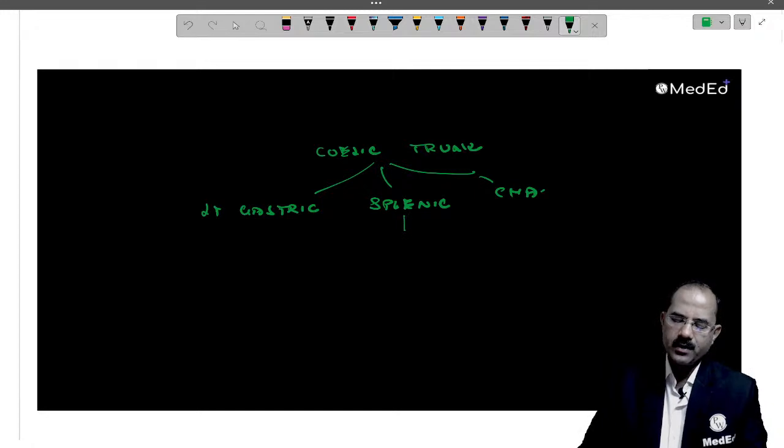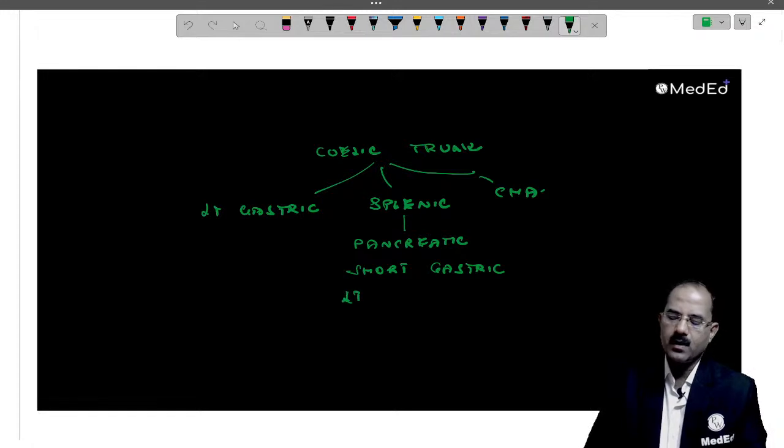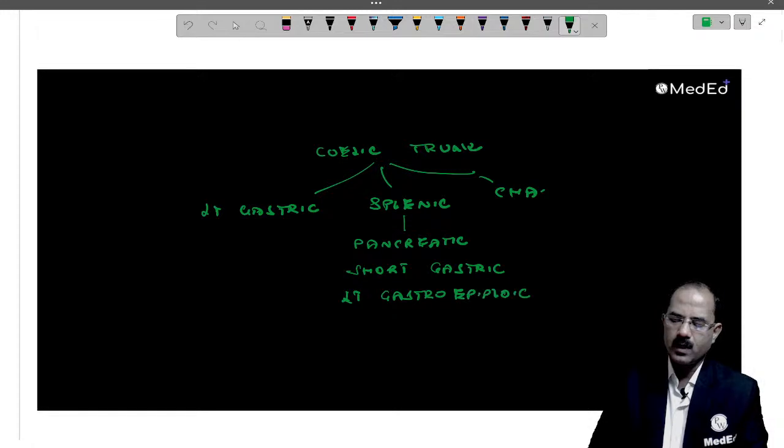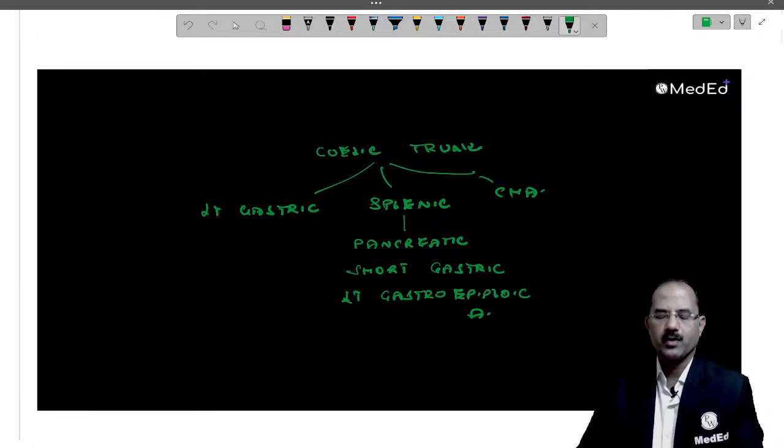The splenic artery gives pancreatic branches, short gastric branches, and the left gastroepiploic artery.